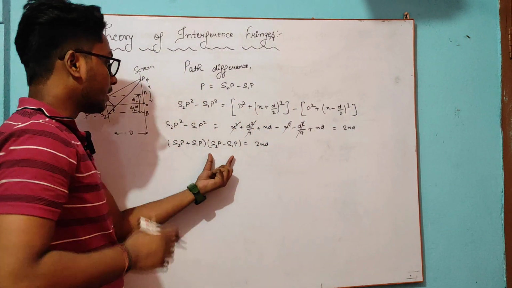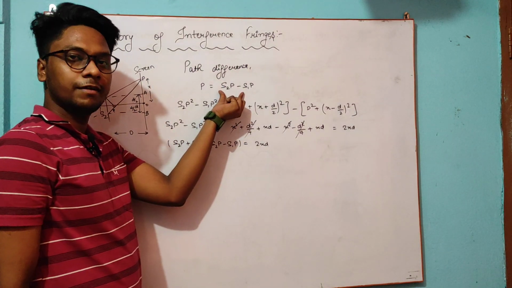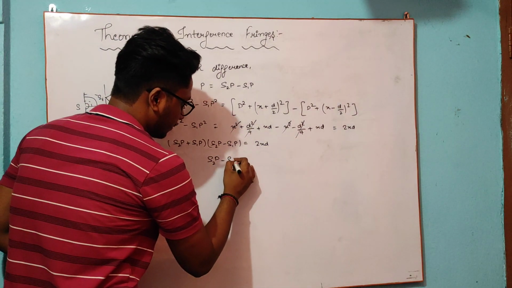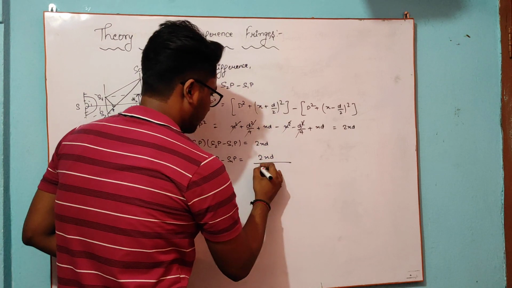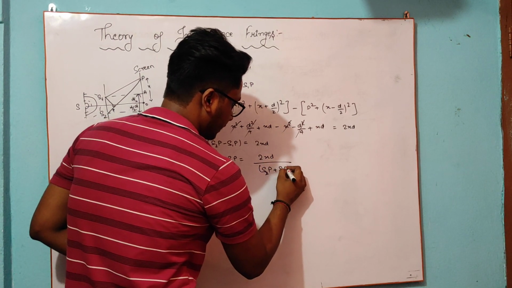See, we have to determine the value of S2P minus S1P, that is the path difference. So S2P minus S1P is equal to 2xd upon S2P plus S1P.